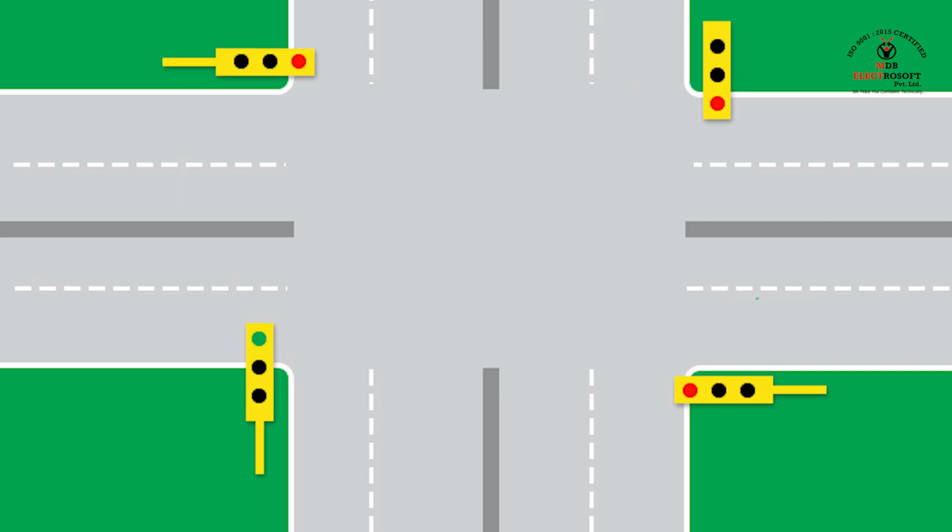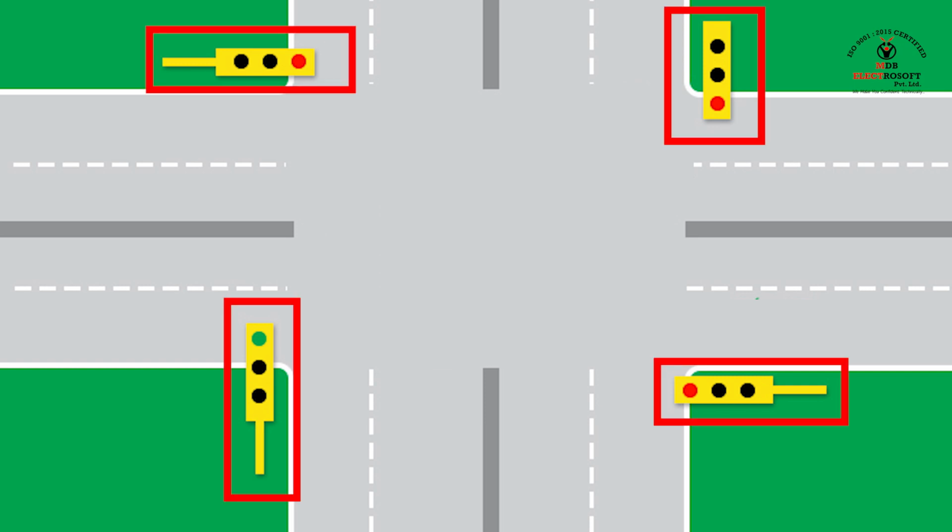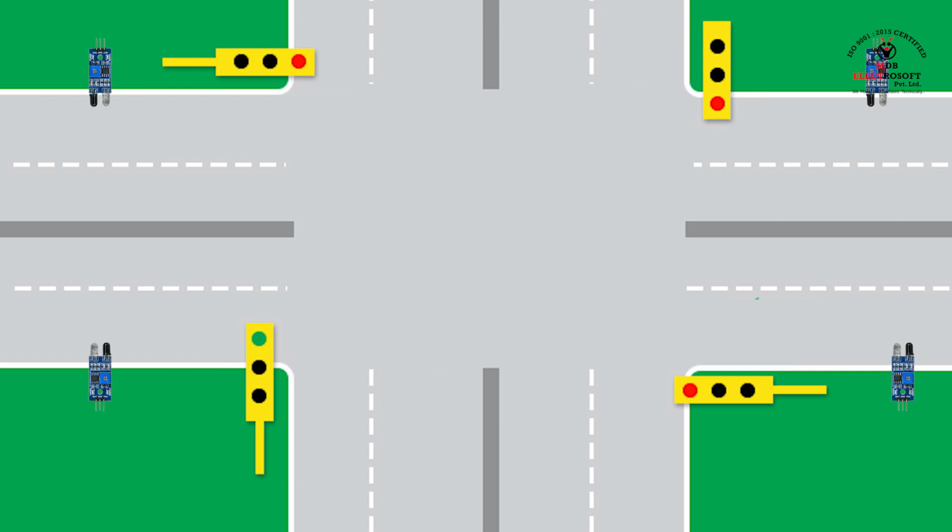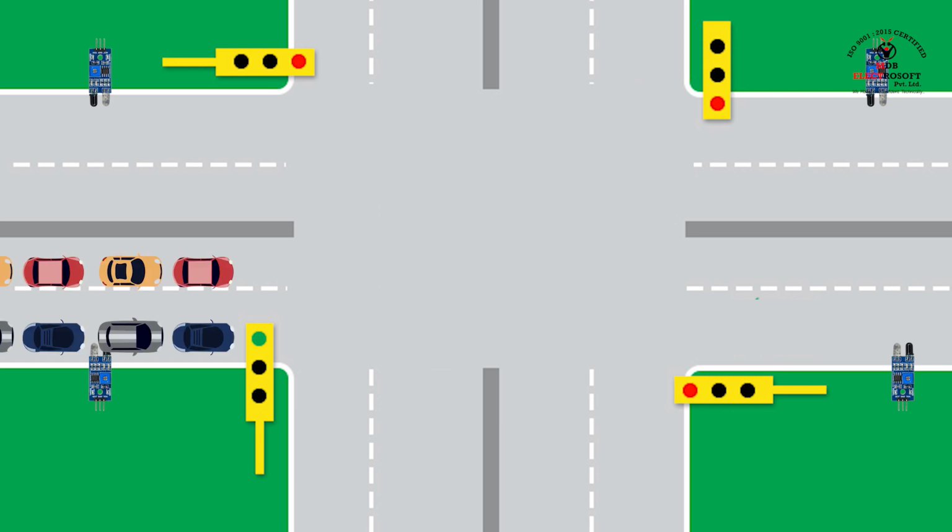And now, as can be seen in the diagram, this is a square. Each square has a pillar which holds the traffic lights, and the sensors will be placed right before a specific line. If the traffic crosses that specific line, then the sensor will detect that this specific side of the road is having a higher amount of traffic.